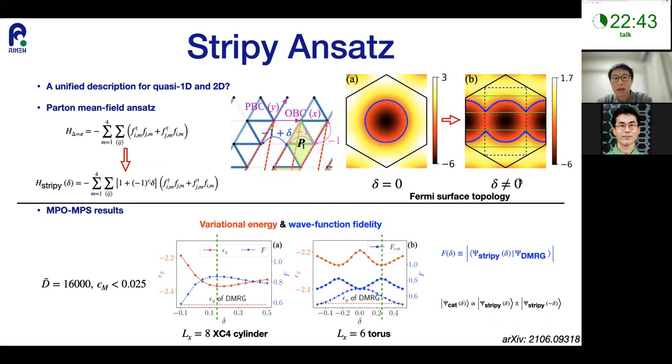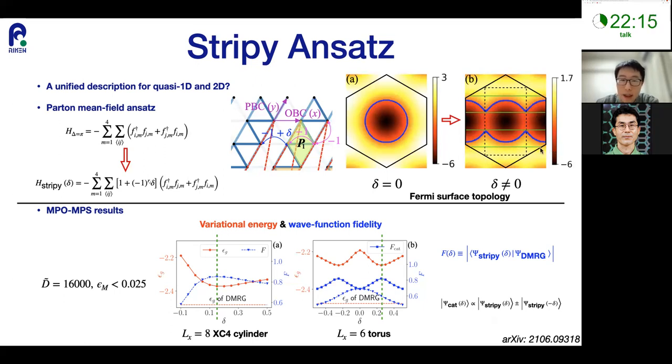But when delta does not equal 0, you can see that the topology of the Fermi surface changed. The Fermi surface forms some open orbits in k-space, and these green lines are the momentum cuts for a finite width cylinder.